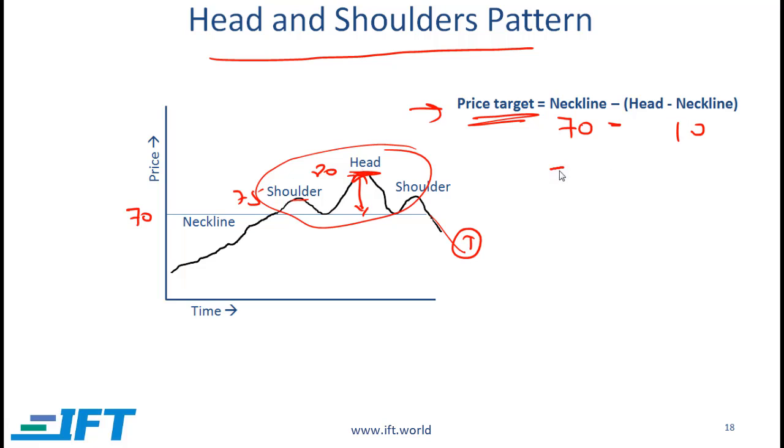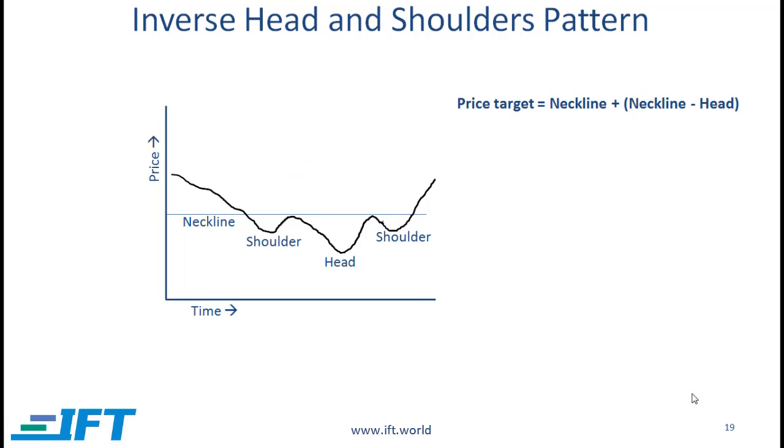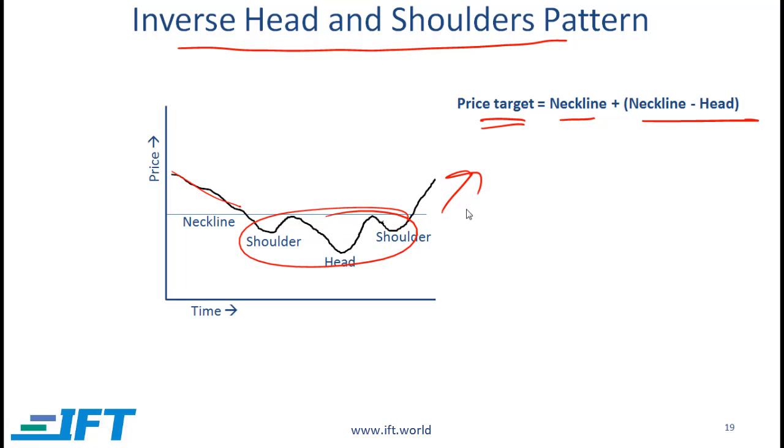So the target price here will be 60. The inverse head and shoulders pattern is essentially a mirror image of what you saw. And here the target price is simply the neckline plus the neck minus head. In this particular case, you have a downtrend, the pattern, and then there is a reversal. So the stock price starts going up.